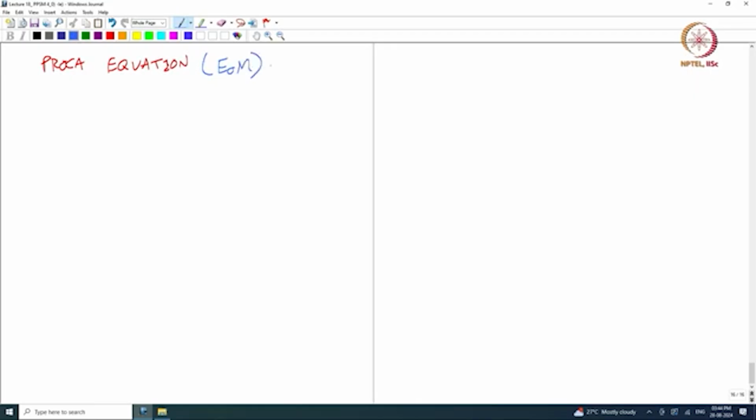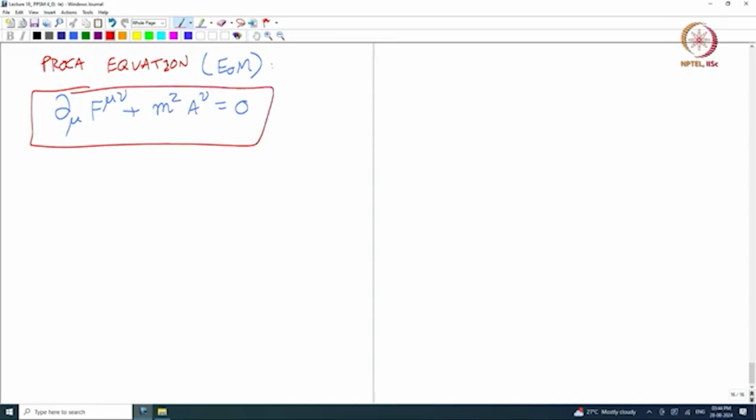That equation of motion looks like this: ∂_μ F^{μν} + m² A^ν = 0. Okay, that is your equation of motion.